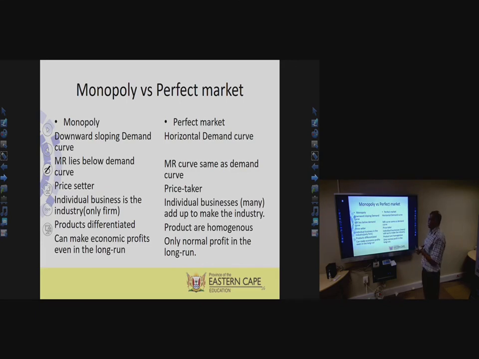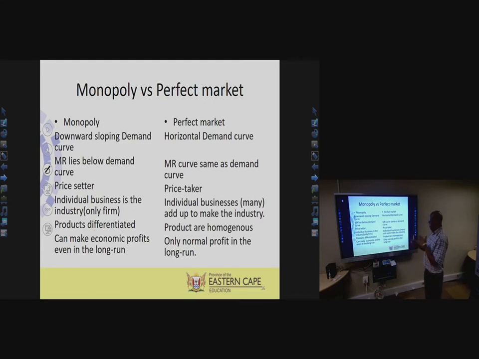Monopolies are price setters, but in the perfect market they were price takers. They are just taking the price from the market. The individual business is the industry. That is the only firm.